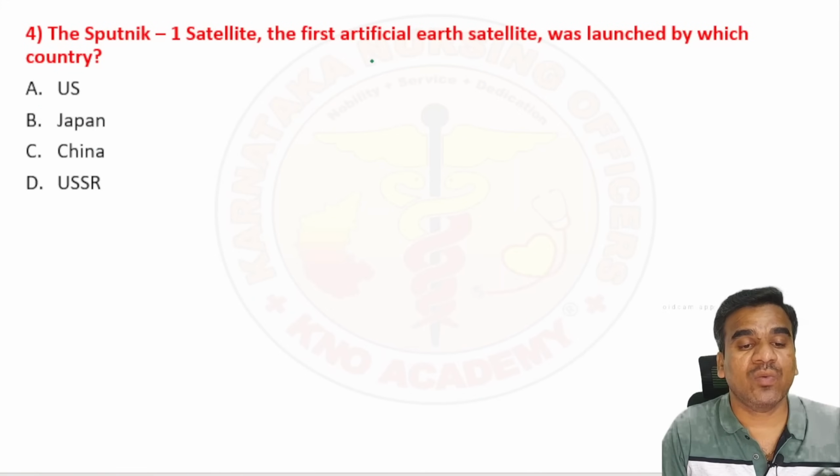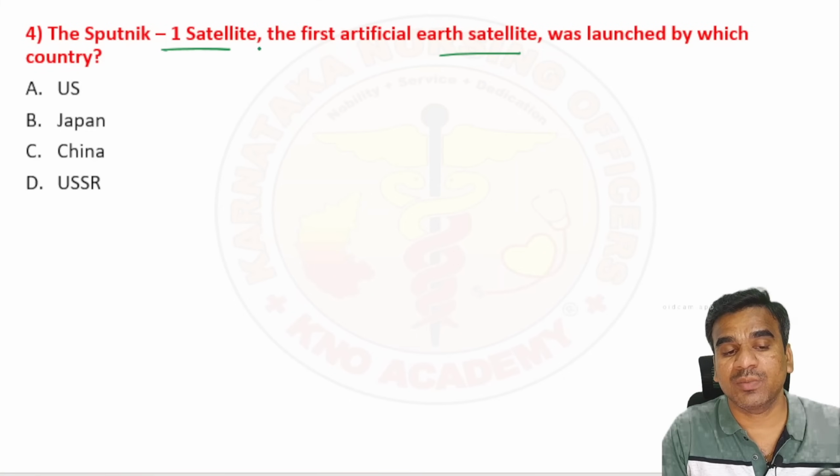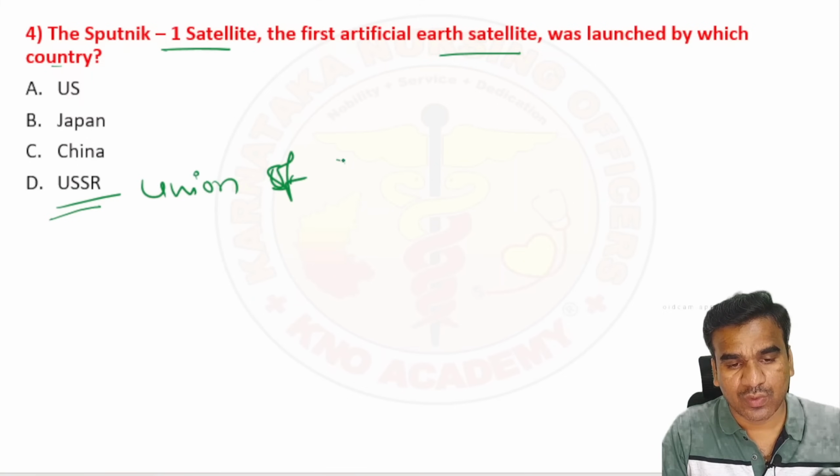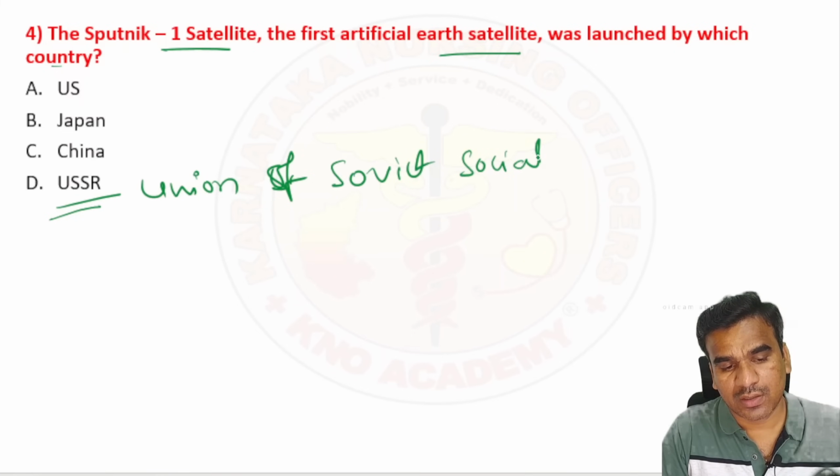The Sputnik 1 satellite, the first artificial Earth satellite, was launched by which country? That is the USSR, the Union of Soviet Socialist Republics.